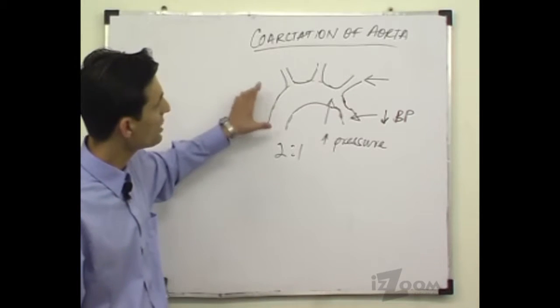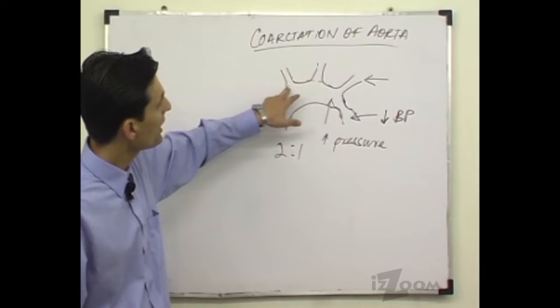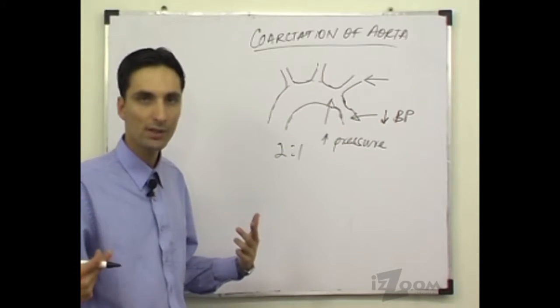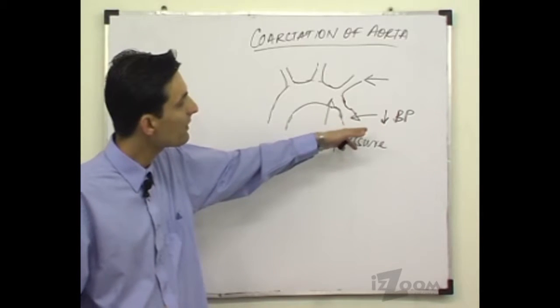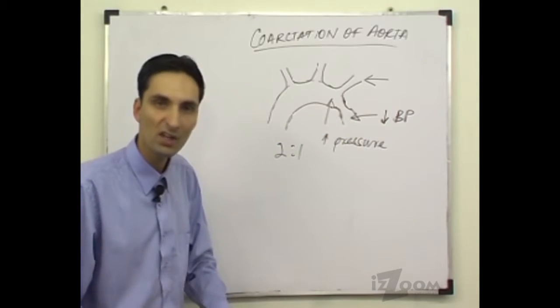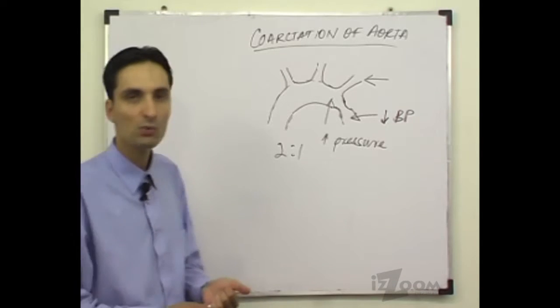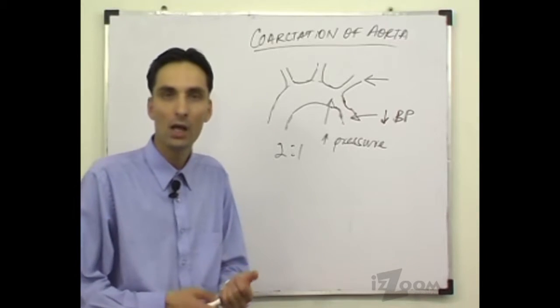So the blood pressure in the upper extremities will be increased, and the blood pressure in the lower extremities will be decreased as a result of the constriction. And that is what happens in coarctation of the aorta.